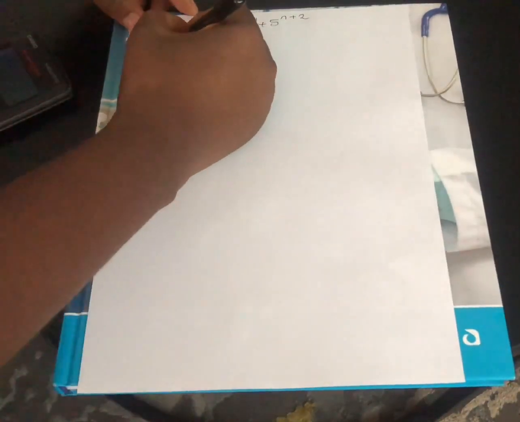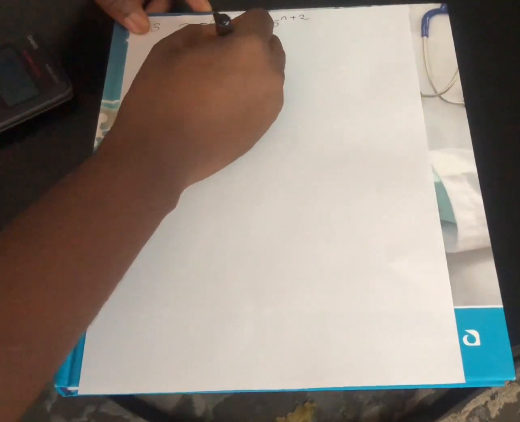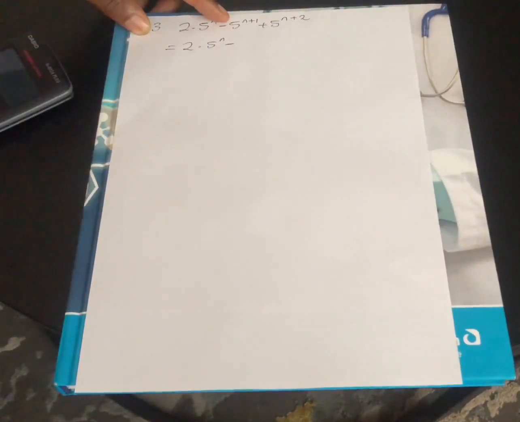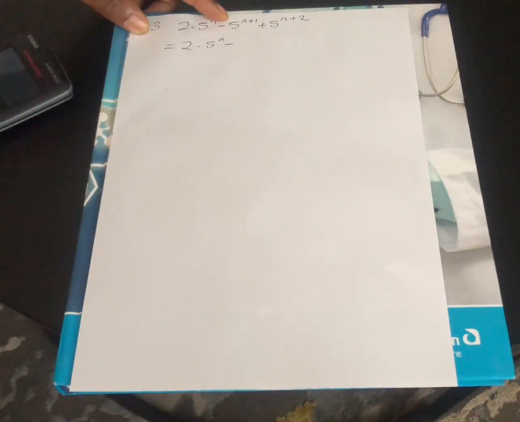We are going to have 2 multiplied by 5 to the power n minus. When we deal with this one, we have the same base with different exponents. So when we have the same base, what do we do with the exponents? We add the exponents.